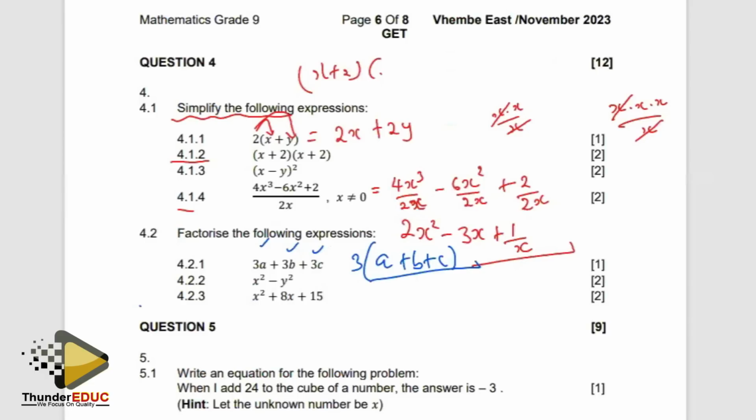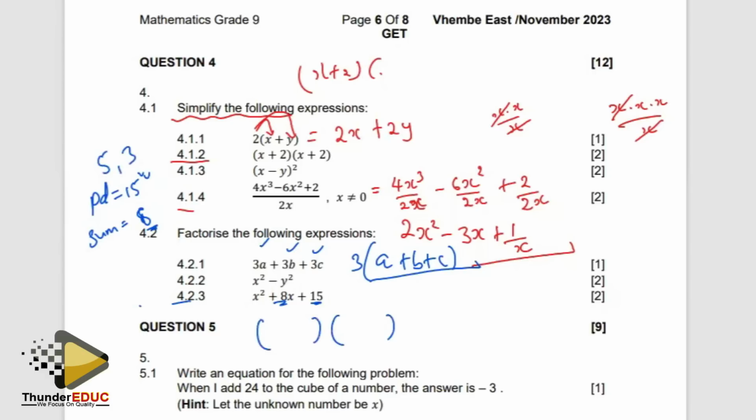Then 4.2.3, this is a trinomial. With the trinomial, we focus on this as our product, and then 8 is our sum. The question is, which 2 numbers do we multiply to give us 15? But if we add those numbers, we get 8. The numbers are just 5 and 3.